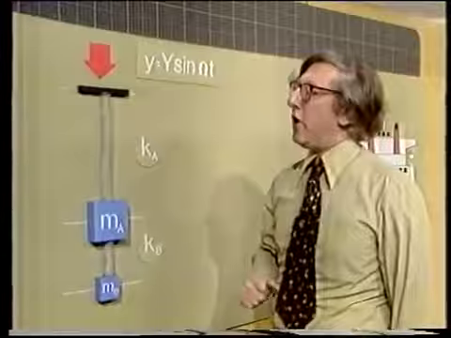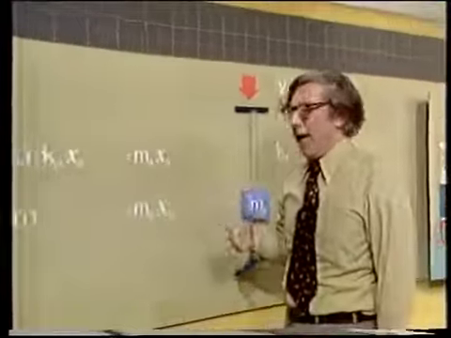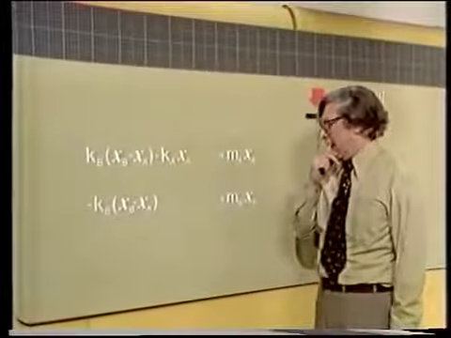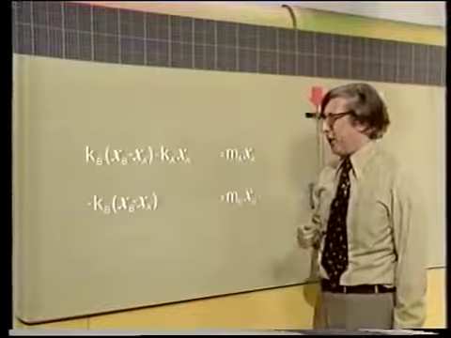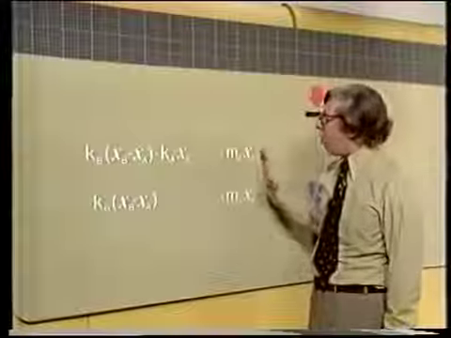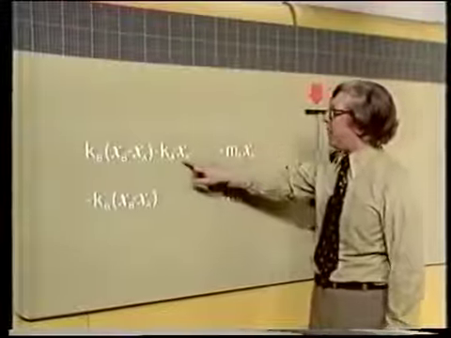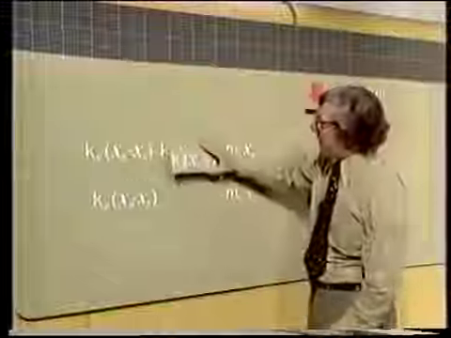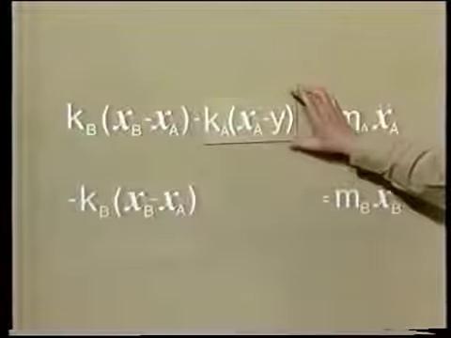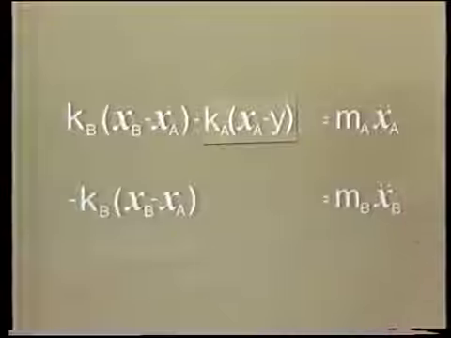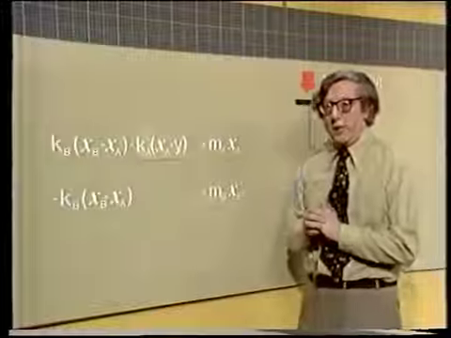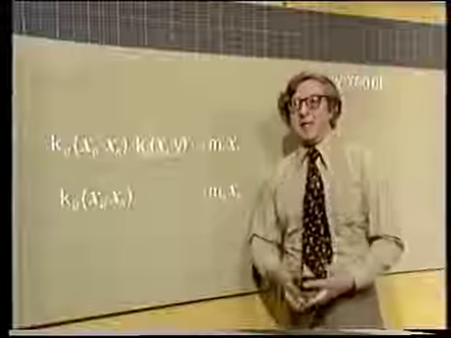Well, if I look at my equations of motion, and I make this substitution, in fact, it turns out, and you really have to do this for yourselves, that the only change necessary in these two equations of motion is simply to change this xa to xa minus y. So that's the mathematics of the situation. Now, what does this mean experimentally?